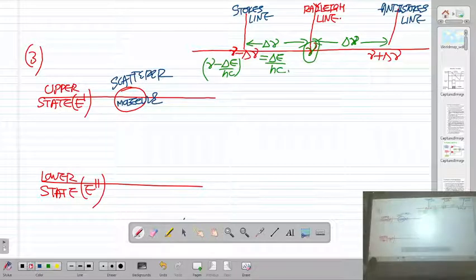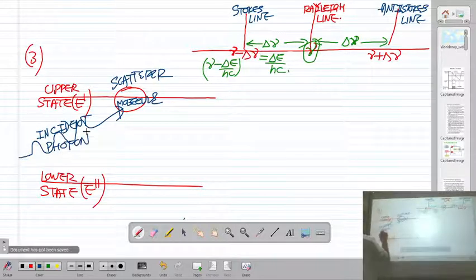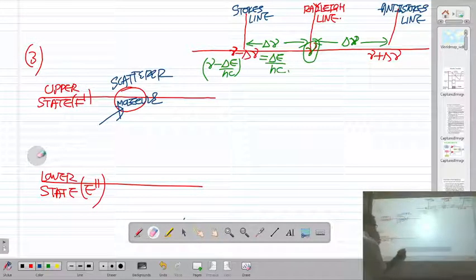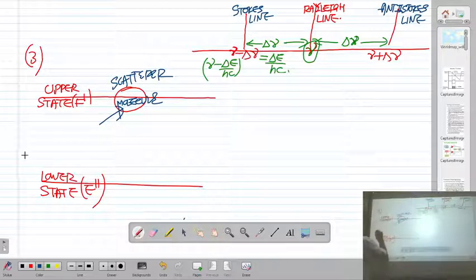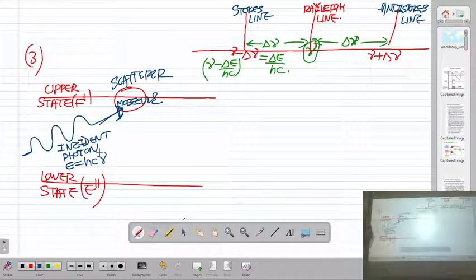Now the incident photon has energy hc upon lambda, or h nu.